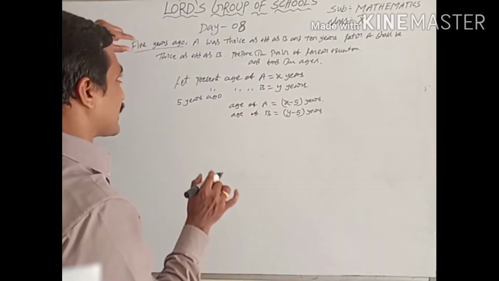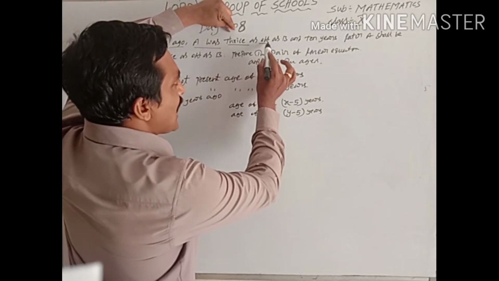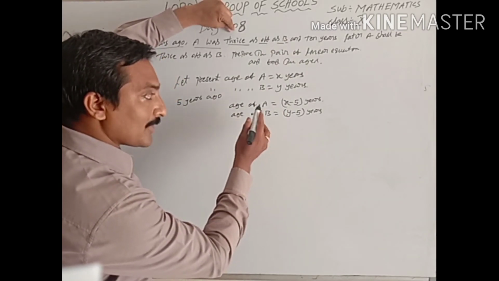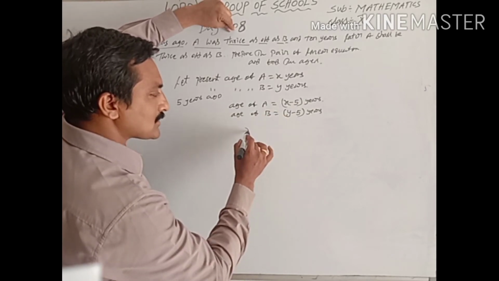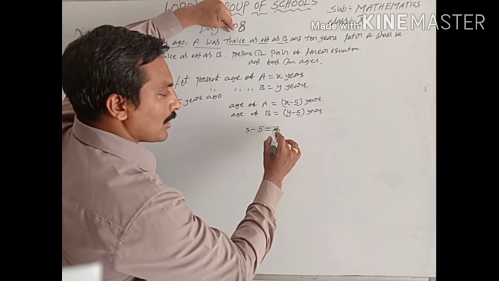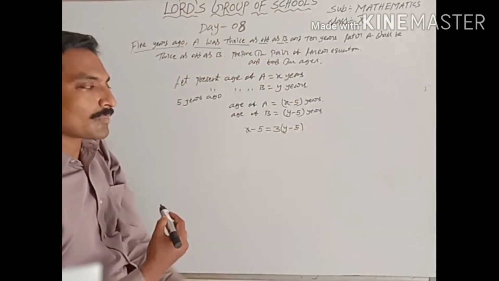After that, the condition he has: A was thrice as old as B. Means in this case, 5 years ago, A's age is X minus 5, which is thrice, means 3 times the age of B, Y minus 5.